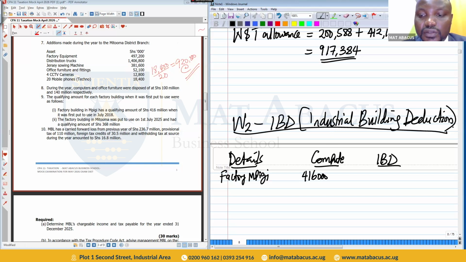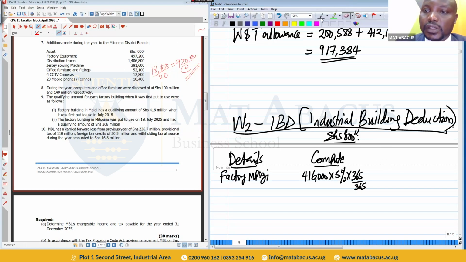We can have shillings in thousands, so it is 416. It was first put to use in July 2018, meaning that during the year of income ended December 2025, we have used it for all the 365 days, so 365 over 365, which will give us how much is IBD.